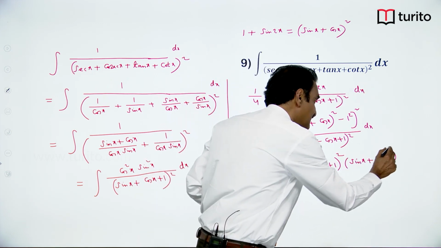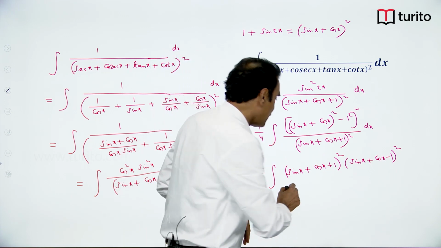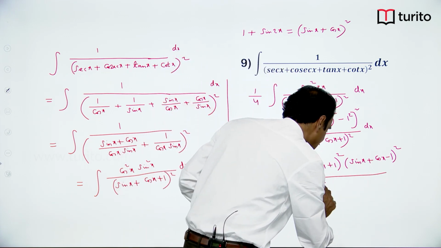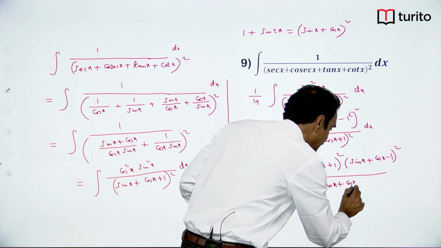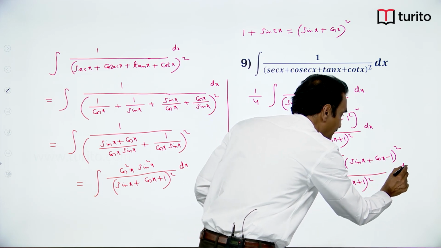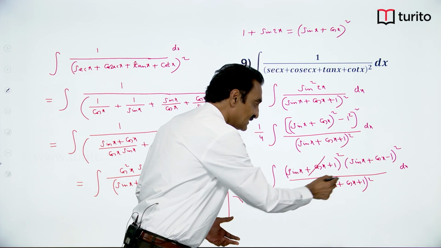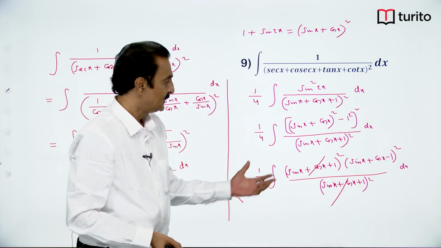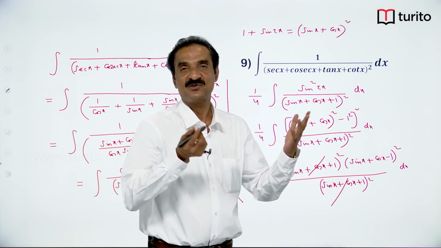So, you will get square for both the brackets, and denominator is sin x plus cos x plus 1 whole square into dx. Now, you see this is cancelled and remaining is sin x plus cos x minus 1 whole square.